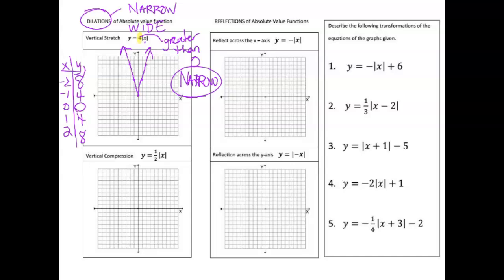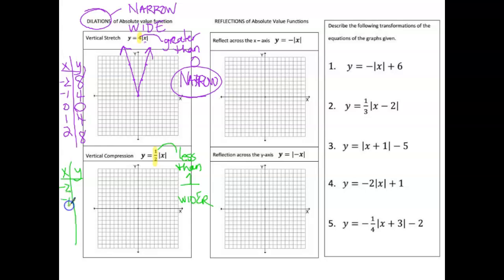That means down below, we have a half. Now a half is going to be less than 1. So if your value is less than 1 multiplied, it's going to be wider. Wider. So I'm going to make you a quick XY chart here.